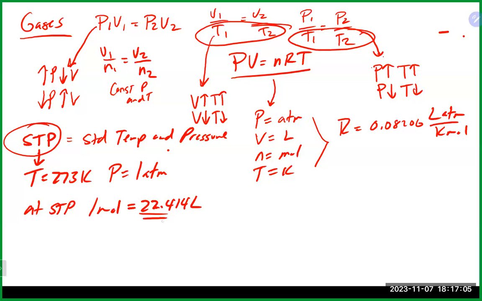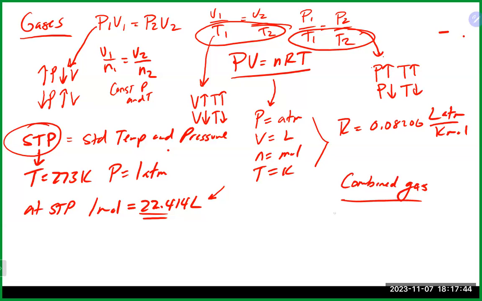So this is a conversion that you could use when you're at STP, and it will allow you not to have to use the ideal gas law, for example. You can kind of bypass it. You can use the ideal gas law for any conditions, be it STP or non-STP conditions. So as we might have talked about last time, if you don't want to worry about using this in a wrong situation, you could just forget about it and just use the ideal gas law in every situation that it applies to. We, I think, finished with the combined gas law, if I'm not mistaken.